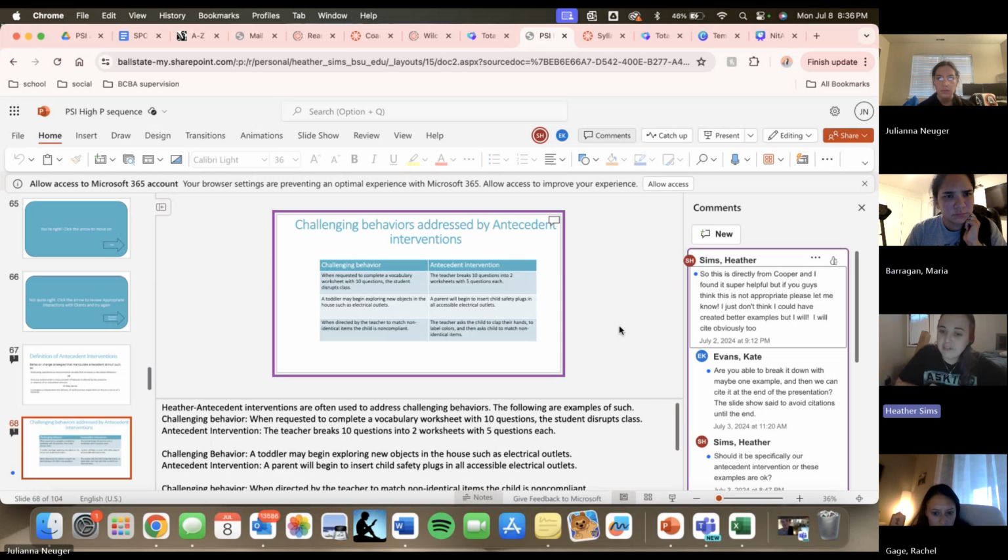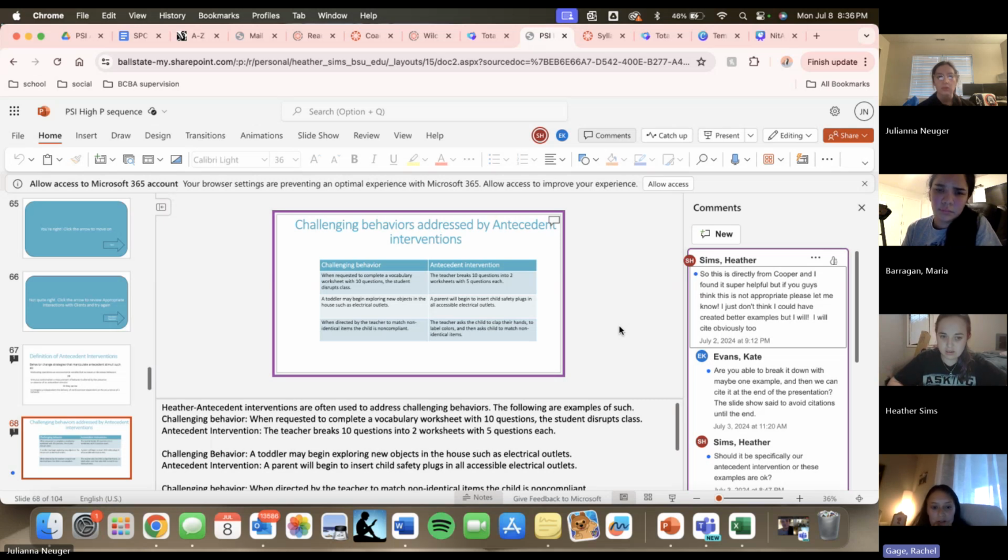I completely changed what I had, because I had something completely different there. So now it's reflecting what she had suggested. And then I edited it so that it reflects that our last example is going into what a high probability.